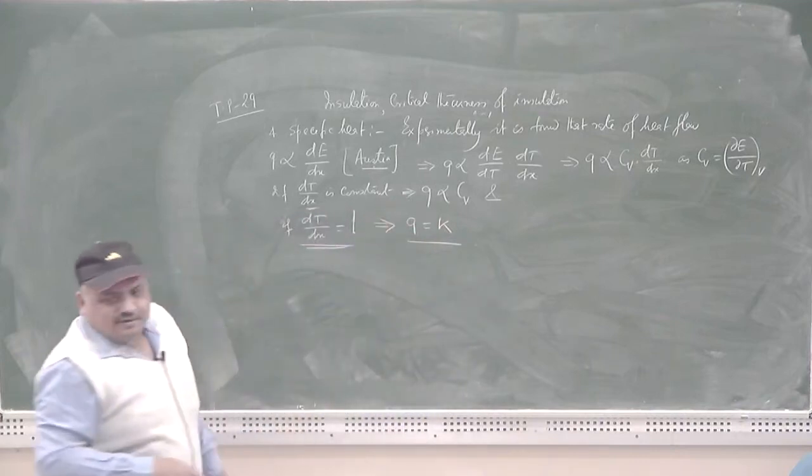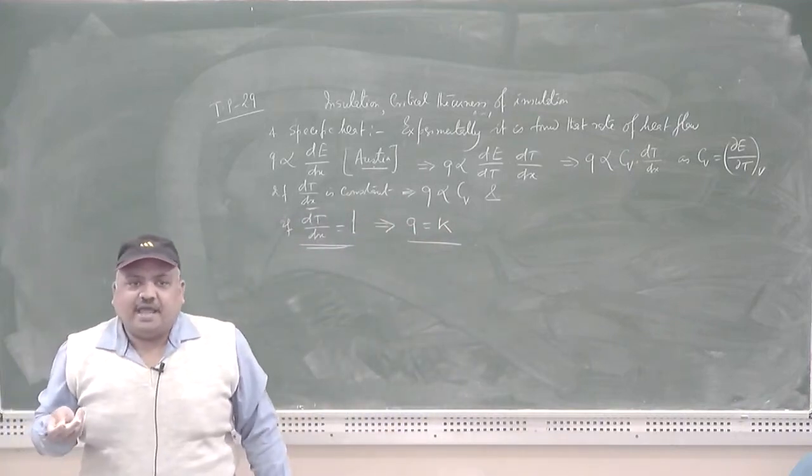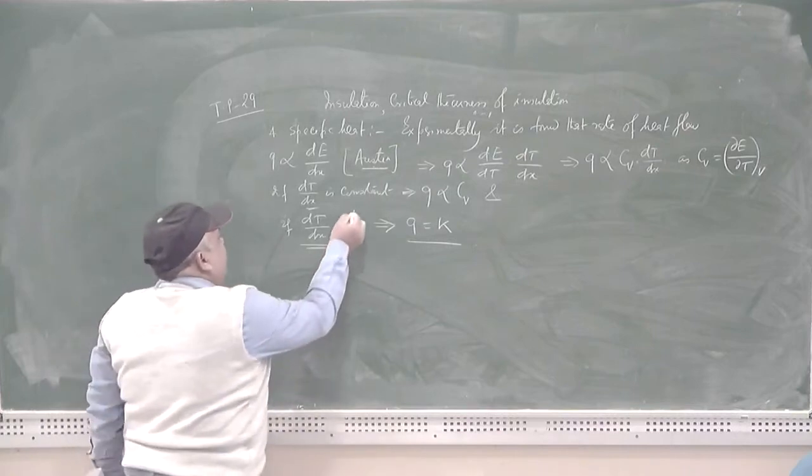Now Q varies as Cv and Q is equal to K if dT upon dx is equal to 1.